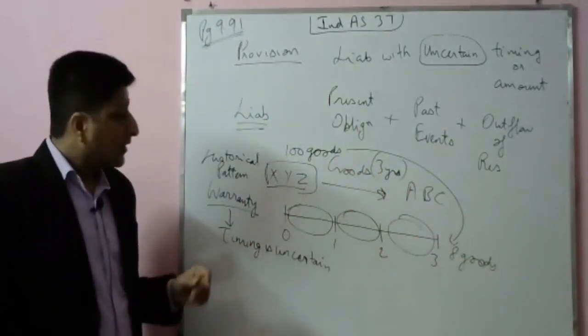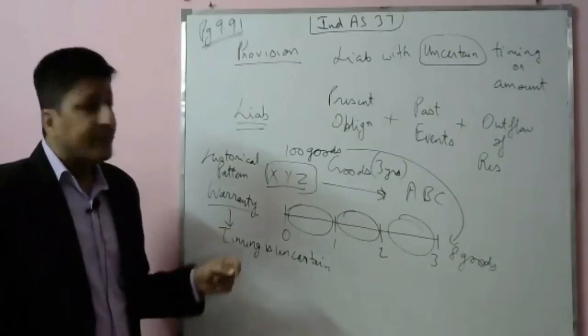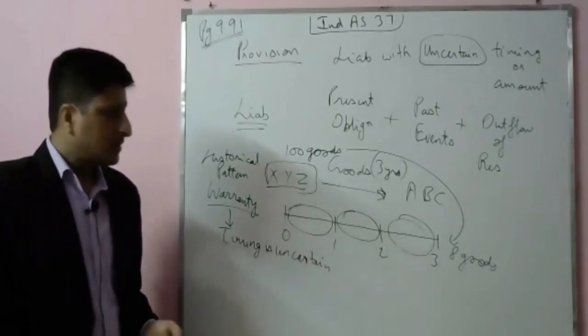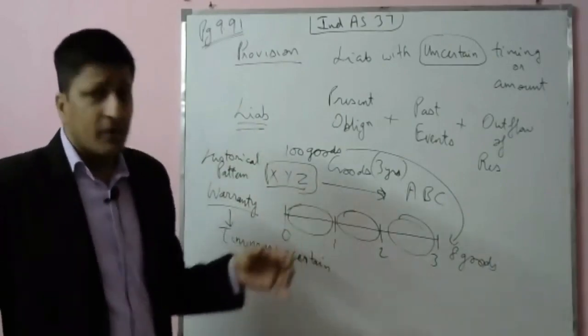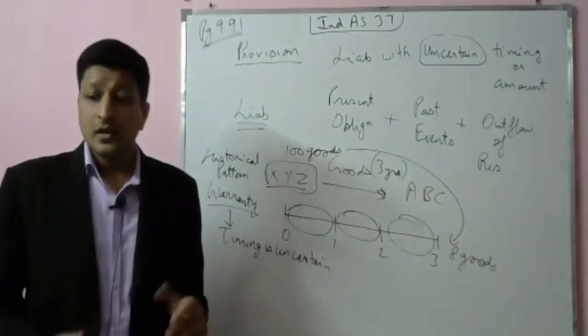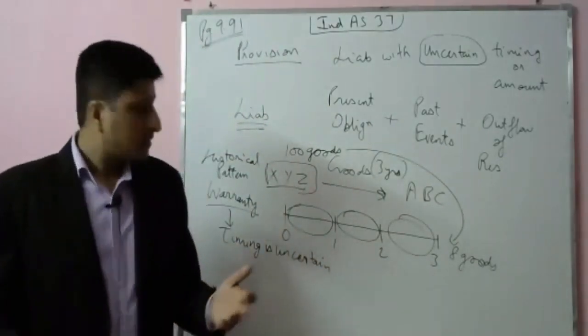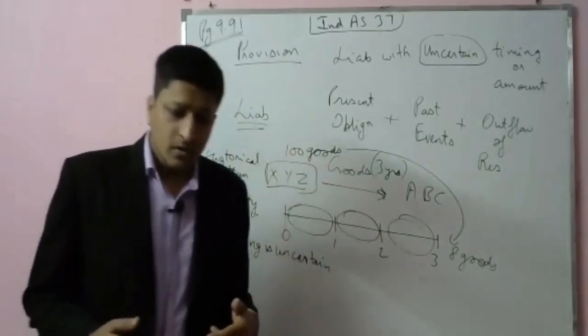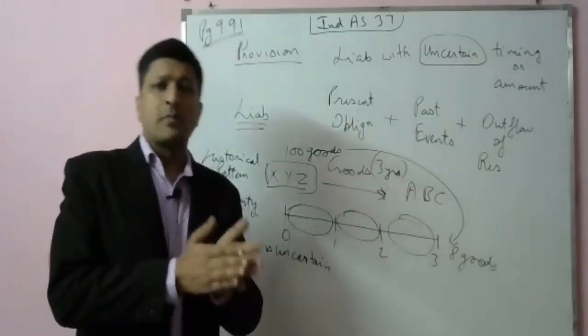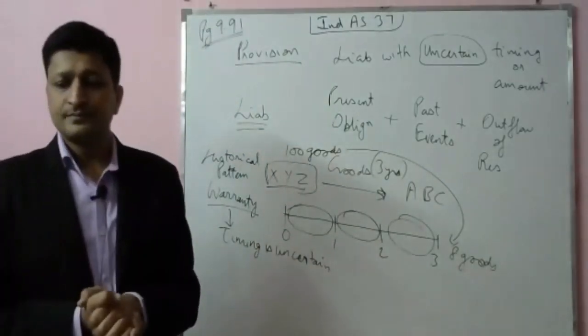Or maybe now the defective rate may become higher. It can be either. And depending on the number of cases that will arise, the outflow will increase because more and more goods will come back for repair. The more and more amount will be required to be spent.